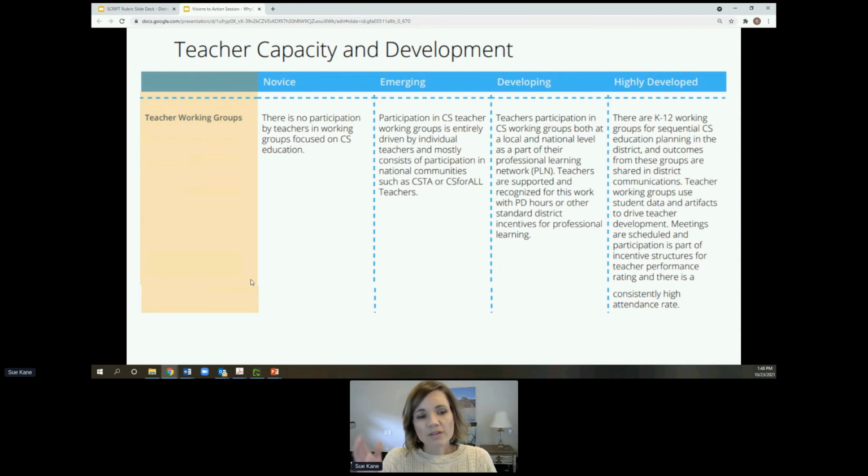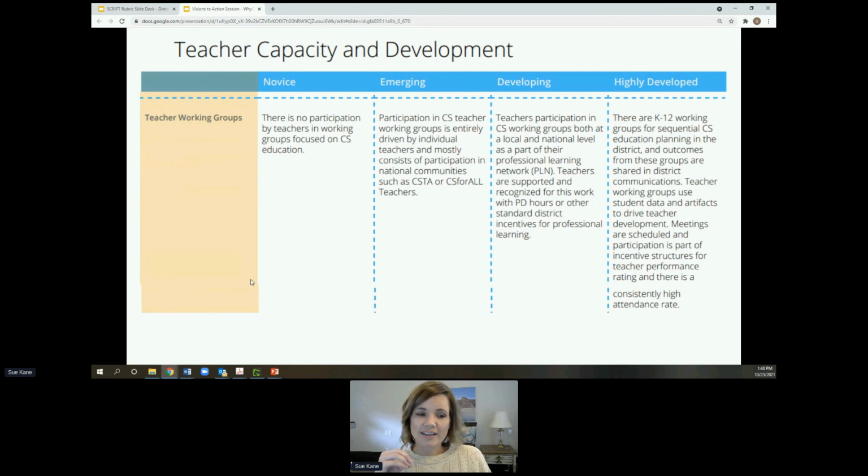And you have 4 different categories here, which are on that continuous improvement spectrum. So novice means it is not happening that we are aware of as a district team from different levels in our district. We don't see any evidence of teachers working together on CS education. And you would say, okay, we're novice.